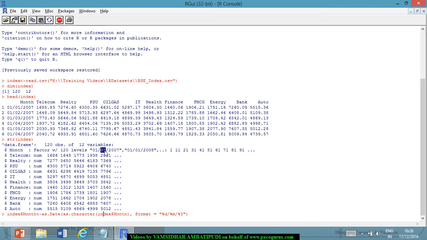The second part is the month, percentage M, and then a 4-digit year, which I give as hyphen percentage capital Y. This step ensures that it looks for this format in my data, and wherever it finds it, it immediately converts it into a date format.